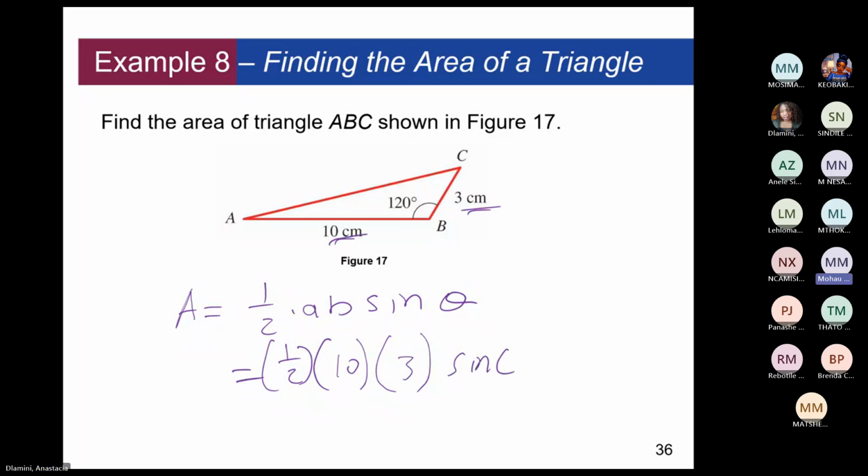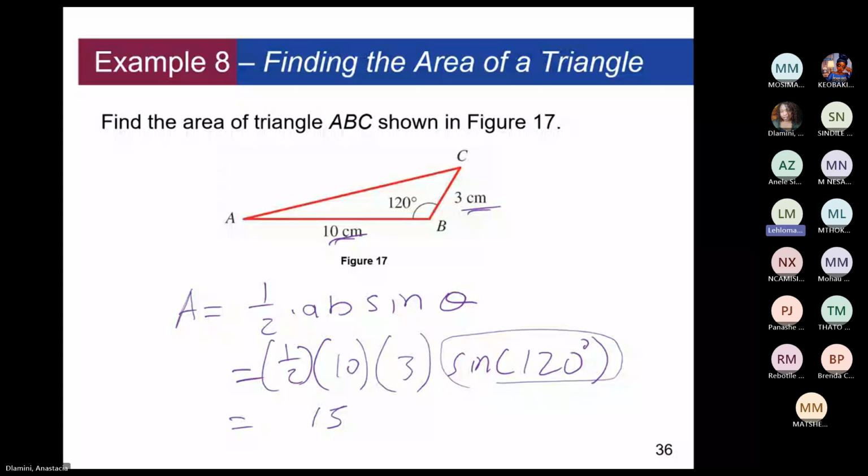Sine 120. What is sine 120 degrees without using a calculator? Without using a calculator. Yeah, I'll calculate this. 10 times 3, that's 30, so this is 15. Can someone tell me sine 120 degrees without using a calculator?